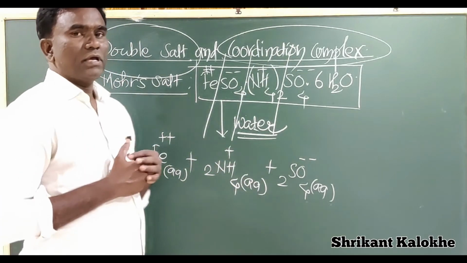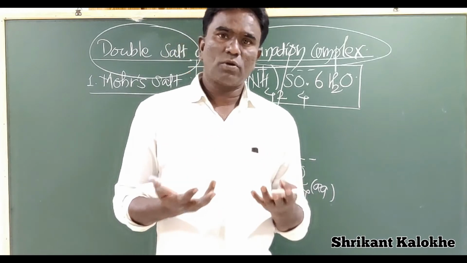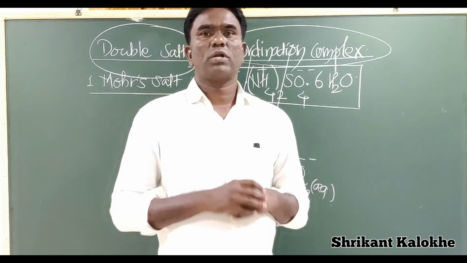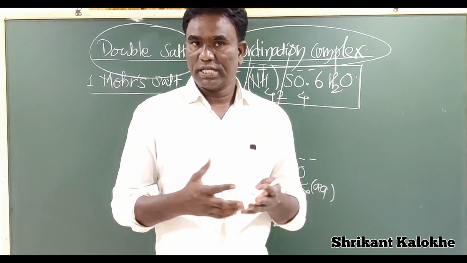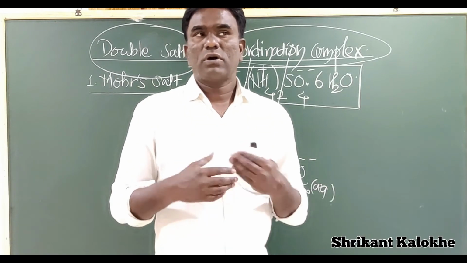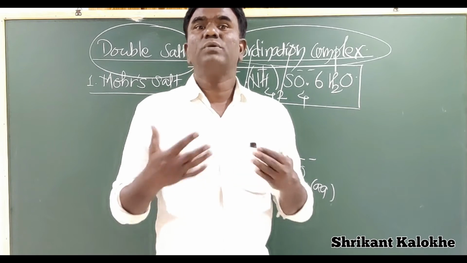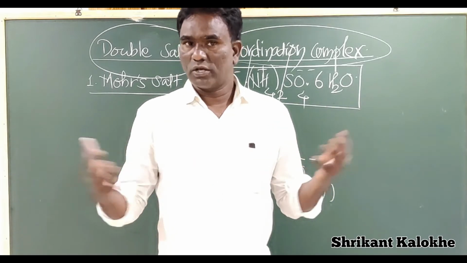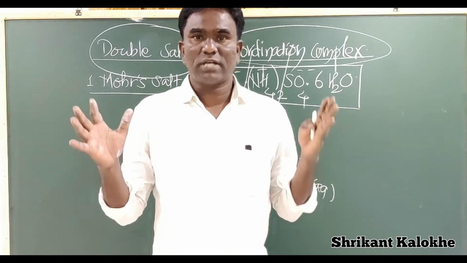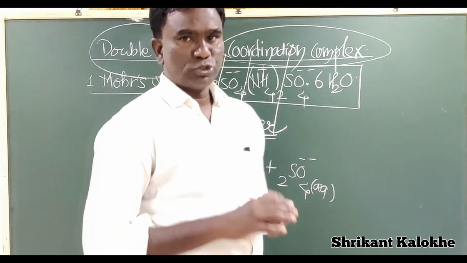And in this way, we come across the definition of double salt also. What is double salt? Double salt is the salt which upon dissociation gives all its ions in their own individual form, means counter ions, or we can say specific ions are formed upon dissociation.